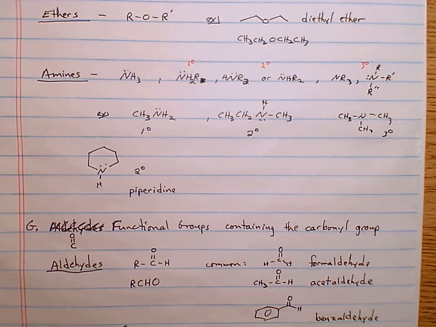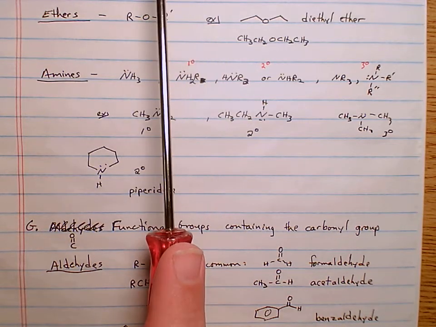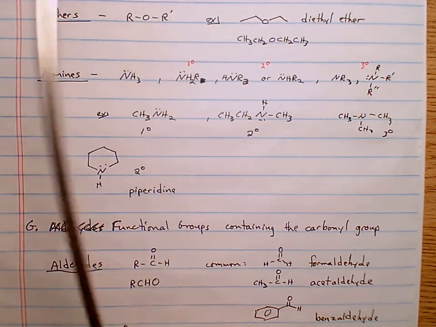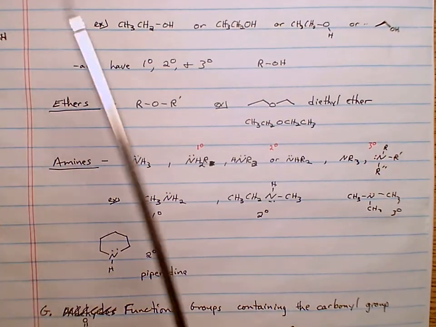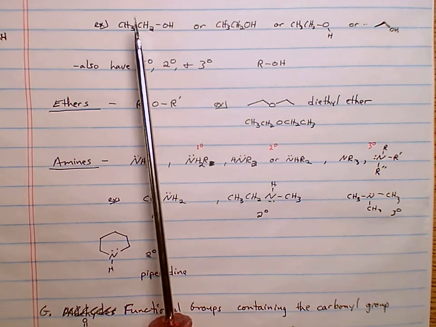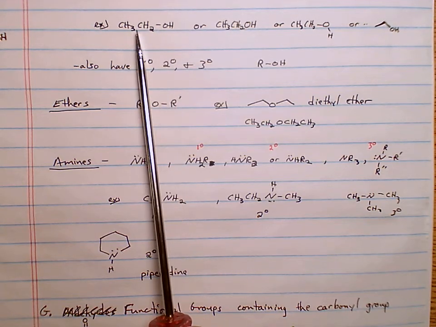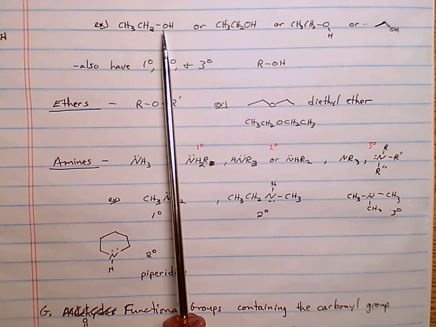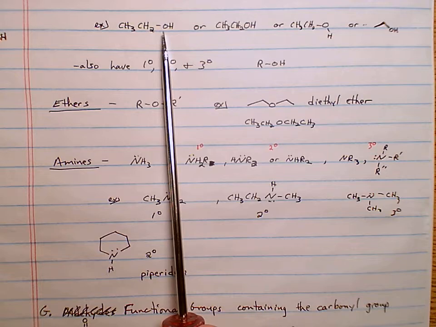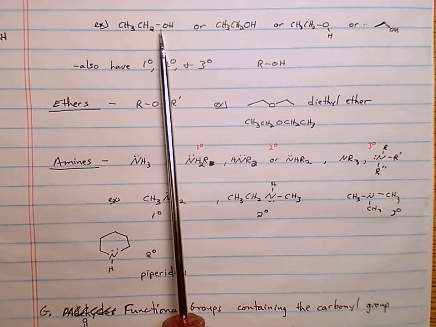Now, this is something very important because people mess this up all the time. Recall that with an alcohol or an alkyl halide, you look at how many carbons the carbon containing the OH is bonded to. You're not looking at the oxygen to see how many carbons it's bonded to. That'll always be 1.